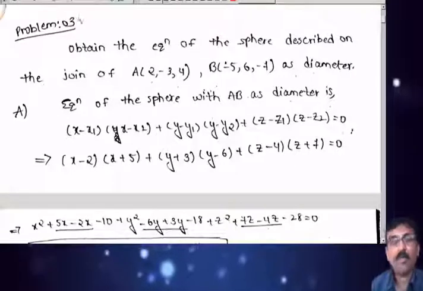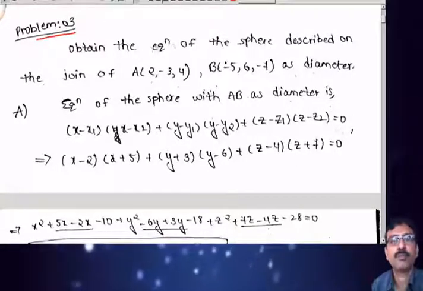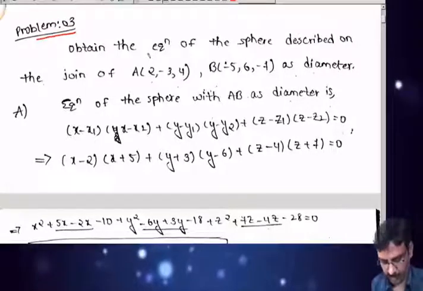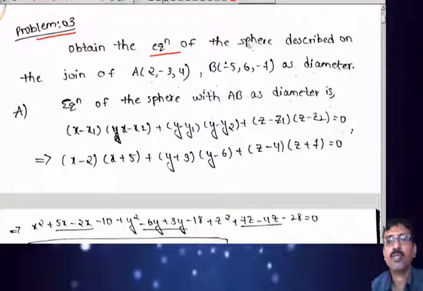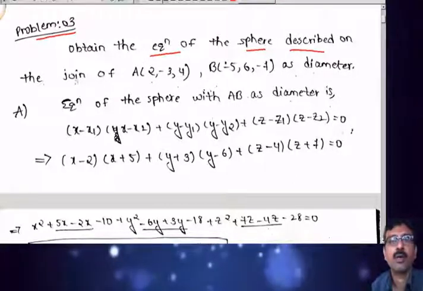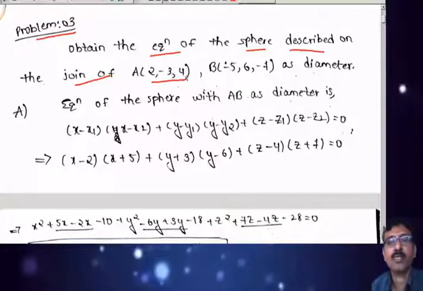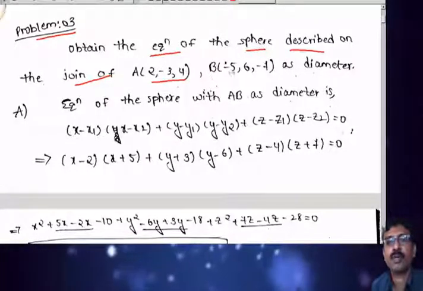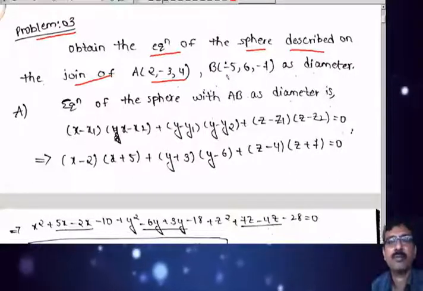Here is the problem on the previous formula. Obtain the equation of the sphere described on the join of A (2, minus 3, 4) and B (minus 5, 6, minus 7) as diameter.